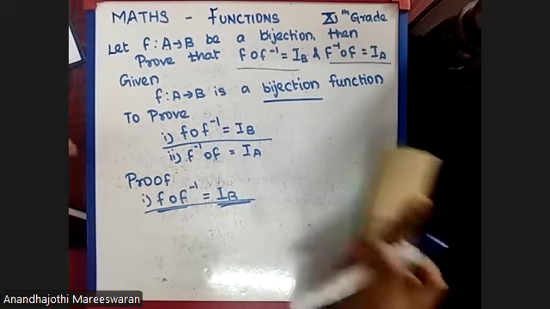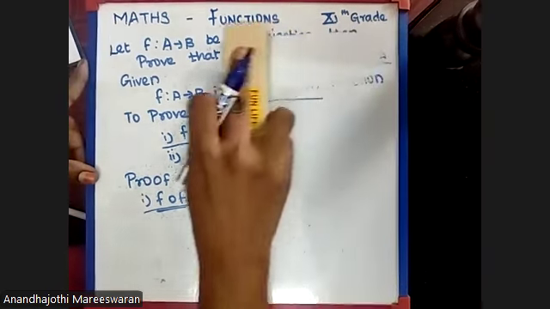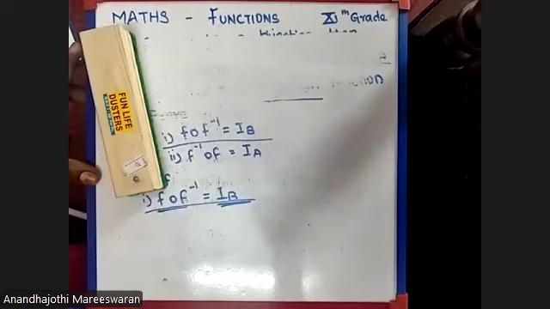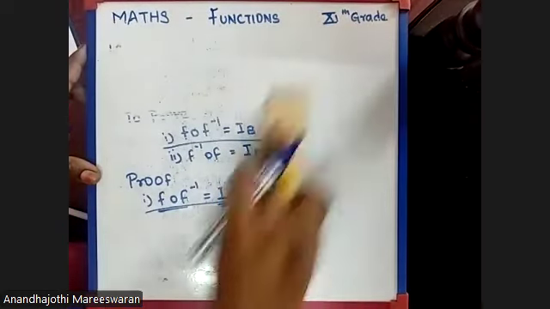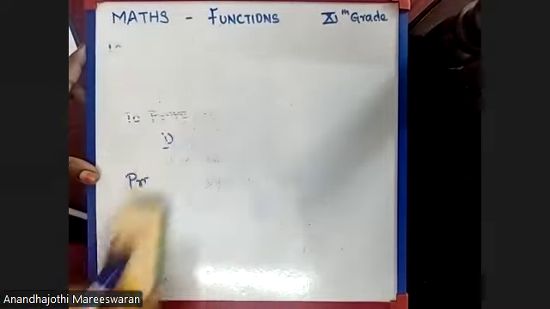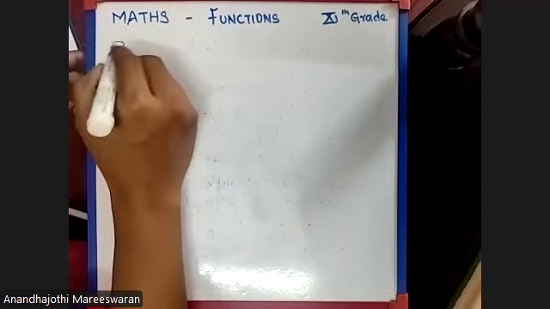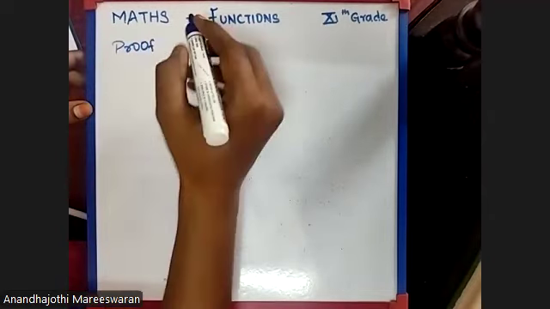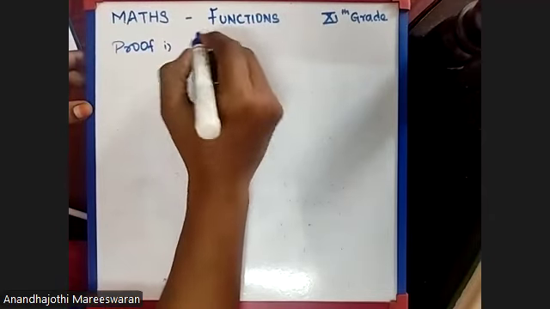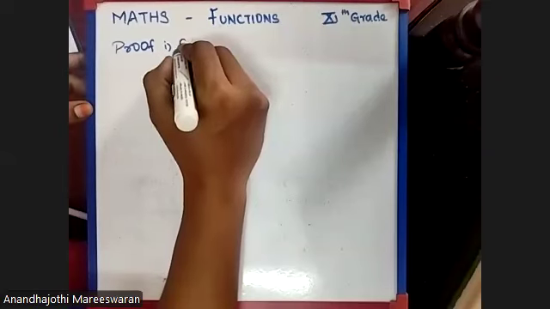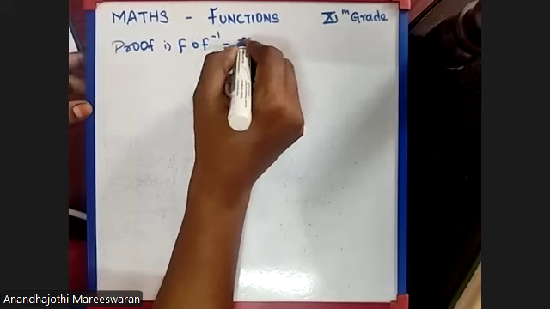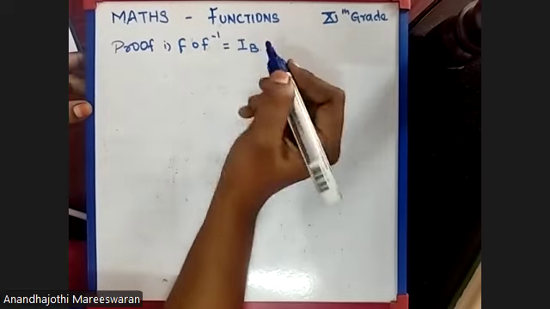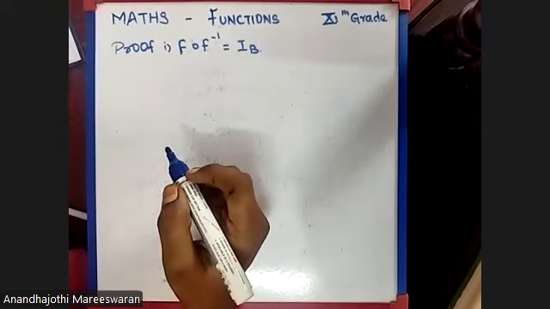Okay. I will rub it down. Super. So the proof for what? First one: f circle f inverse equal to I_B. Shall we start the proof?